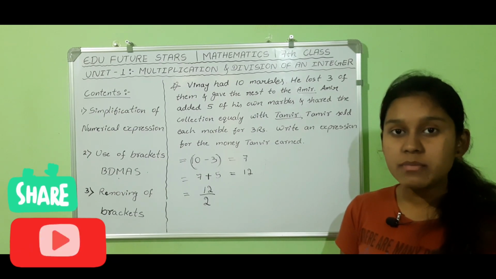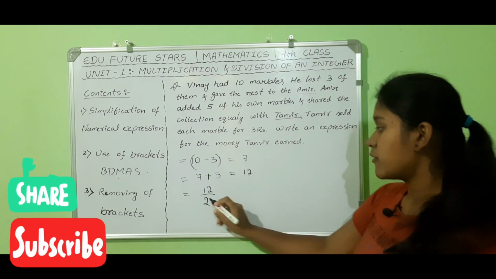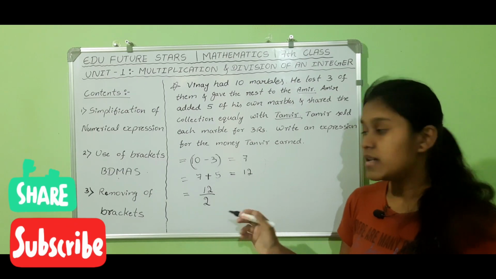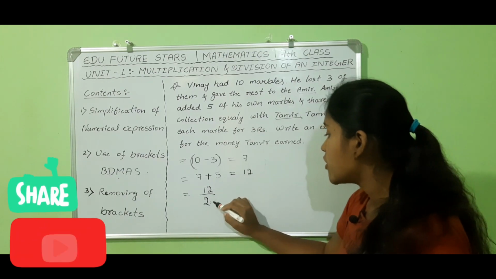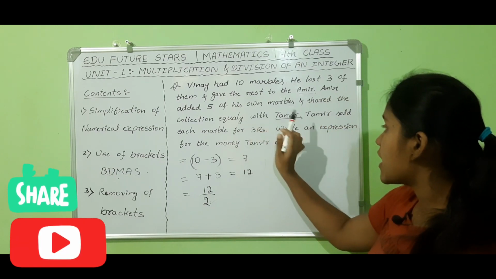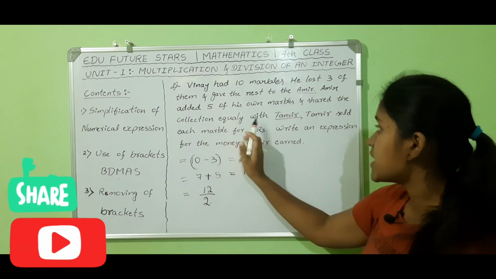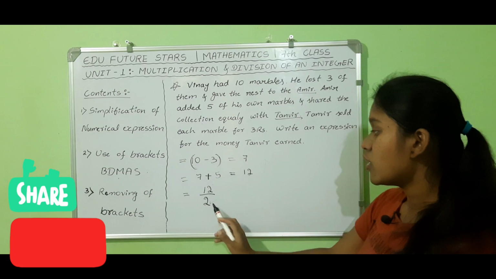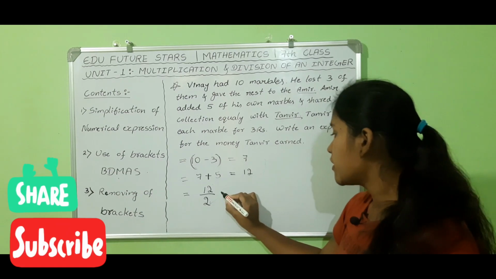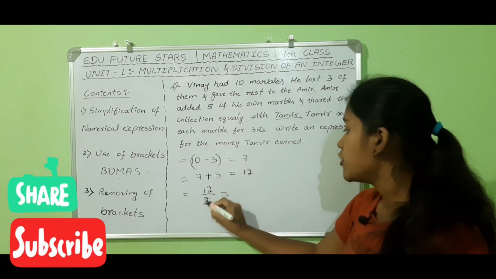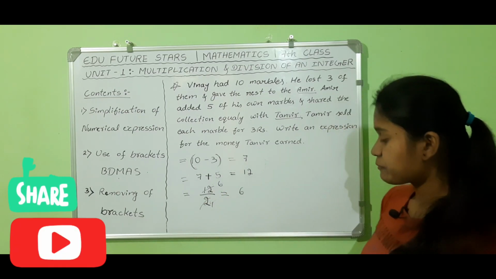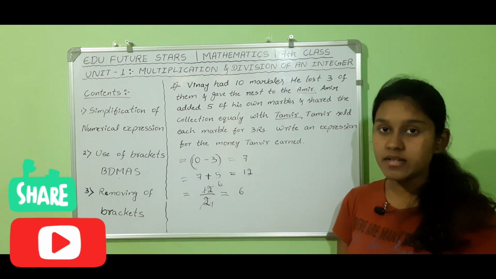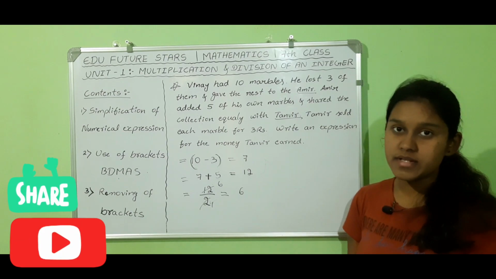If you have 3 persons or 4 persons, then we have to take 3 or 4. It depends on the people. So this is 12 by 2, because he is sharing the marbles equally. That's why I am writing 12 by 2. So what we are getting is 6. Each person can get 6 marbles.